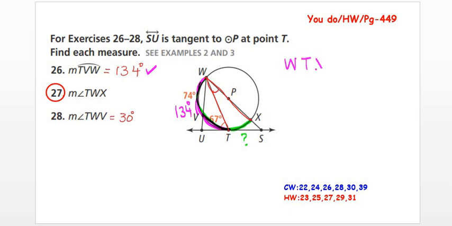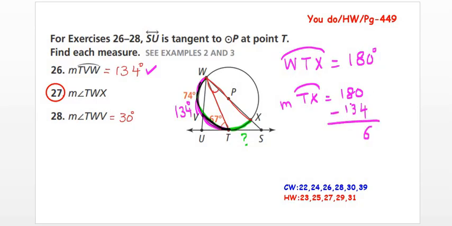It will be 180 degrees, right? Now how can I find arc TX? If you subtract this 134 from 180, it will give us 46 degrees.